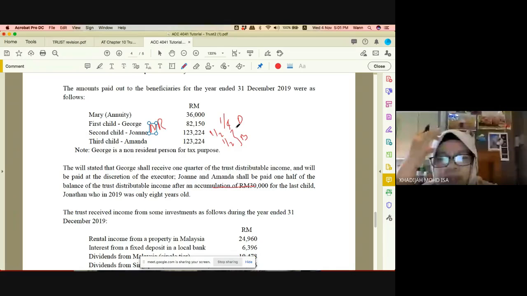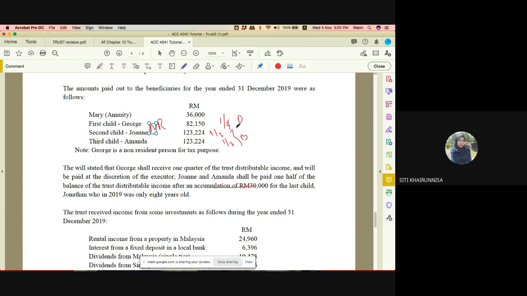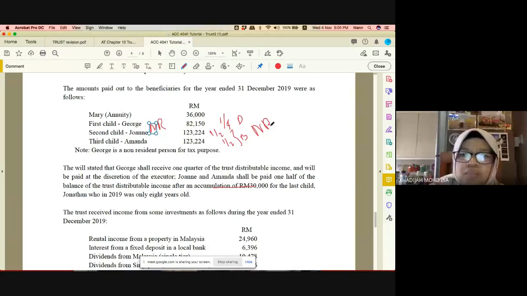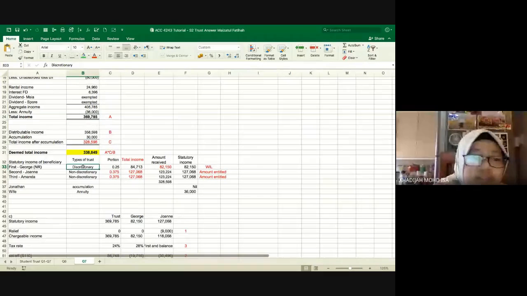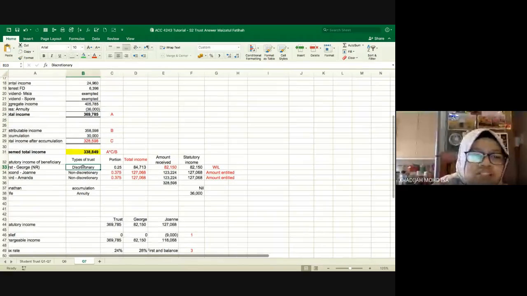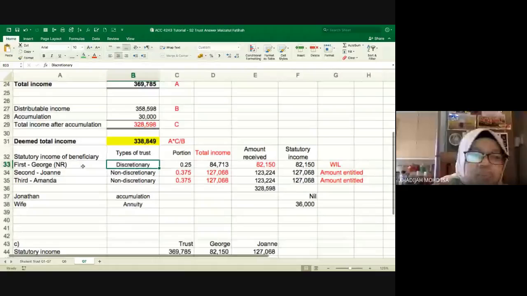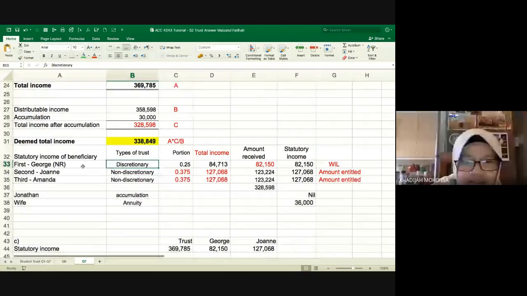Then Joanne and Amanda shall be paid half balance of the trust. So it means that Joanne and Amanda are non-discretionary. I agree. Later I'll check what I did in my answer. My answer is George discretionary. Oh, it's correct. George is discretionary and Joanne and Amanda are non-discretionary. Okay, agree on that? Can we agree on that first?